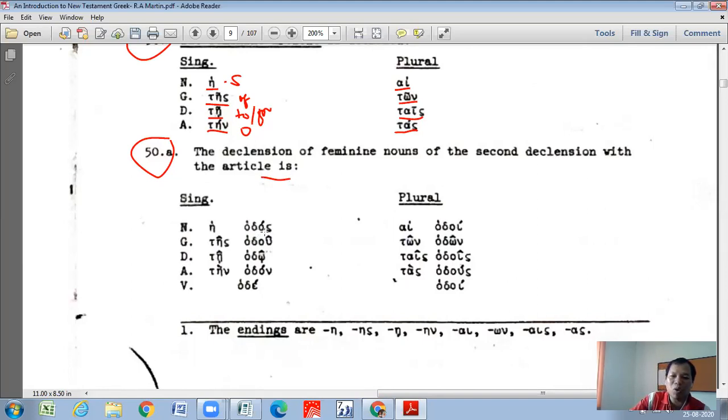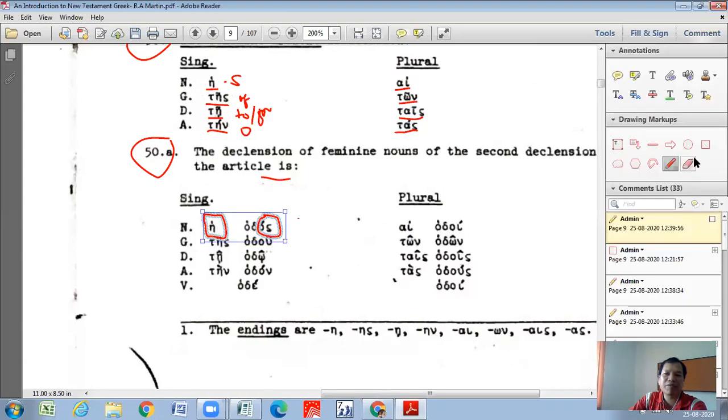Last time I told you hodos, even though the ending is second declension, the article takes feminine. Why? Because the noun is a feminine noun. Are you with me? If you're not sure, please tell me. Don't hesitate.